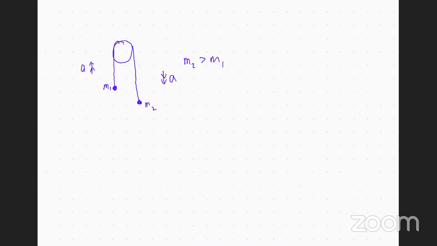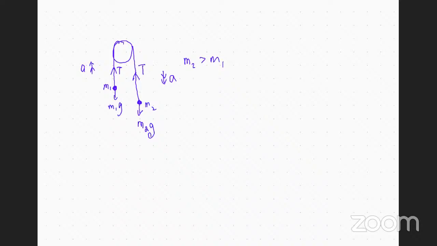You'll also notice there's tension acting here and an equivalent tension acting here, because they share the same tension and the same acceleration. The other forces: M2 has a downward force, its weight M2g, and M1 also has a downward force, M1g. That's basically the setup.